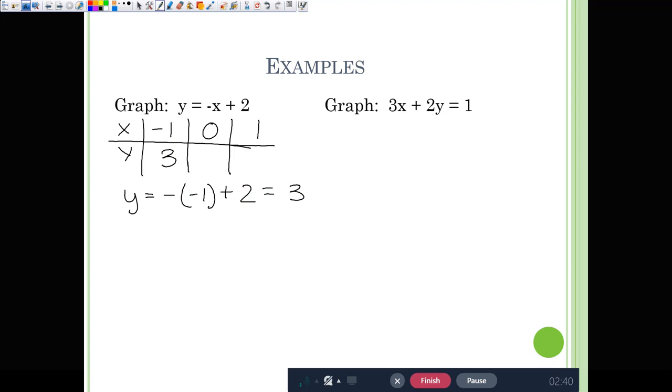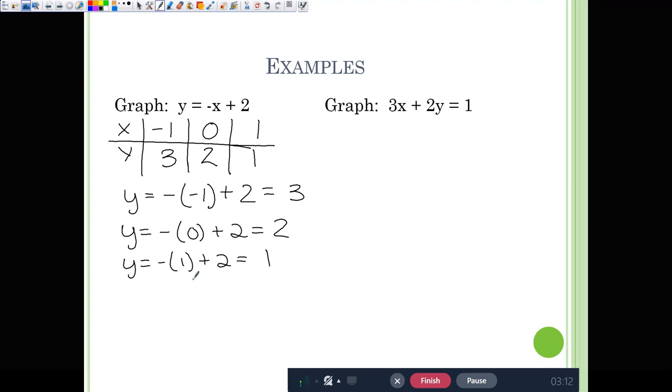Now I'm going to substitute 0 in for x. So y equals -0 plus 2, so -0 would just be 0, plus 2 is 2. So this ordered pair would be 0, 2. Now I'm going to substitute 1 in for x. So -1 plus 2 would be a +1. So this ordered pair would be 1, 1.